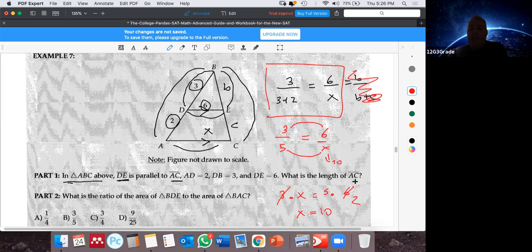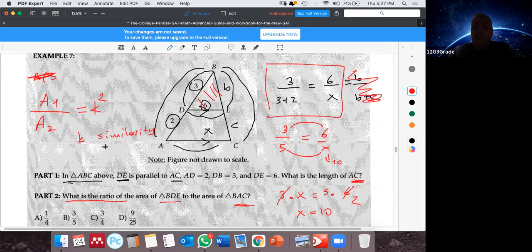But the second question: what is the ratio of the area of the small triangle to the area of the big triangle? Now there is one rule. Let me tell you. Area 1 divided by area 2 is always k squared. What is k? Similarity constant or proportion constant.